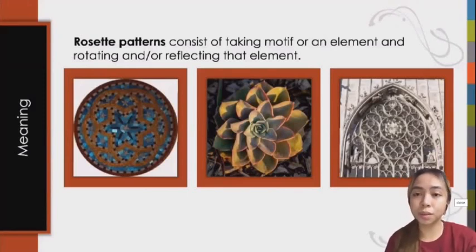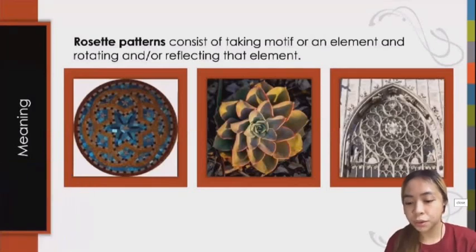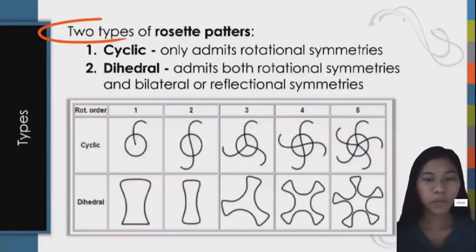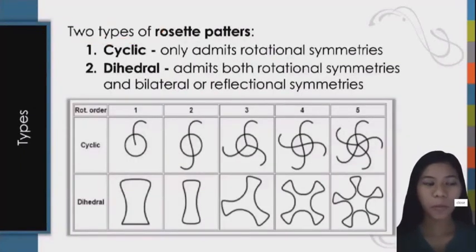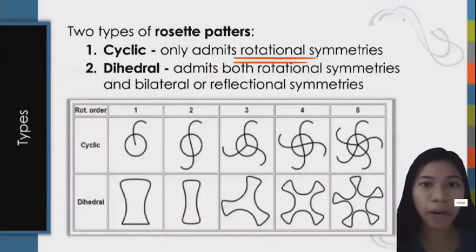So, ayan, para madali nating ma-distinguish or ma-recognize ang rosette pattern, pag sinabing rosette, very similar siya sa pattern ng flowers. Kasi yung gitna ng flower, yun yung magsisilbing center or common point. And yung petals around it naman, yung magde-define ng repetition aspects ng rosette patterns. So we have two types of rosette patterns. Number one is cyclic, admits only rotational symmetries. When we say rotational, it is circular movement or directions.